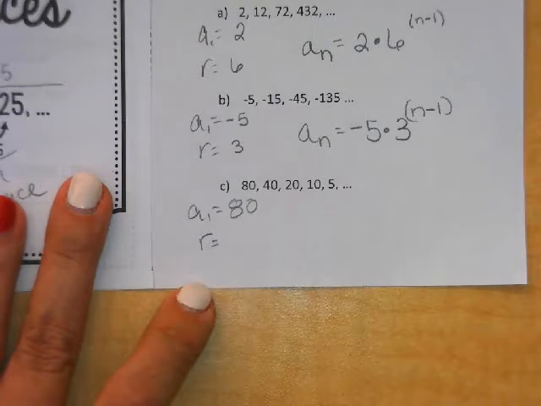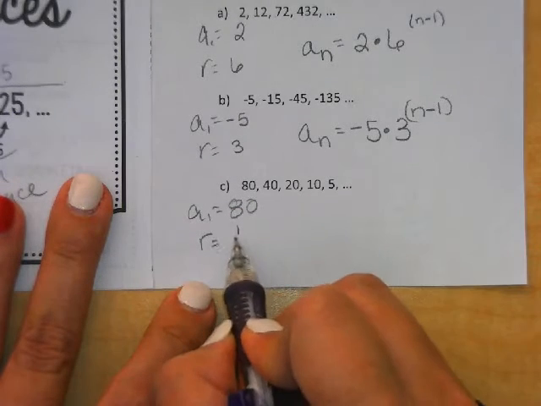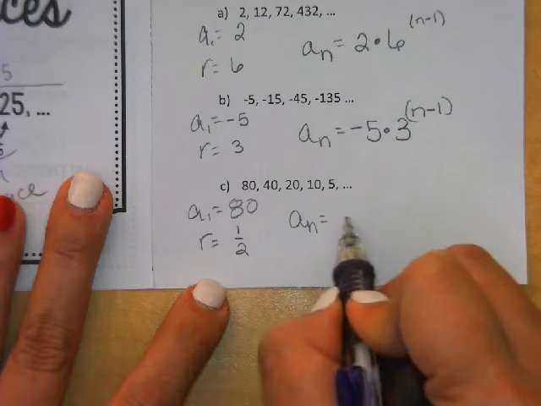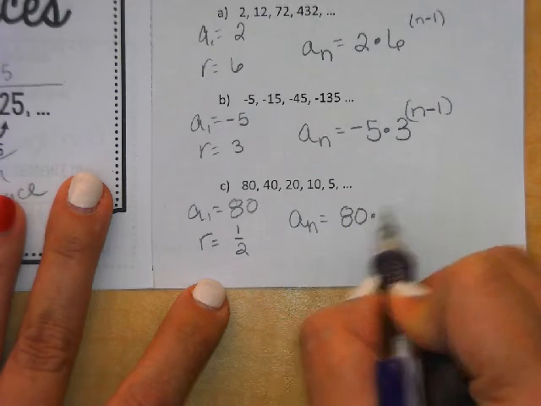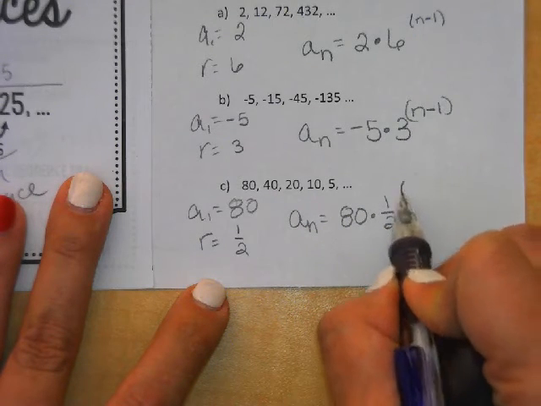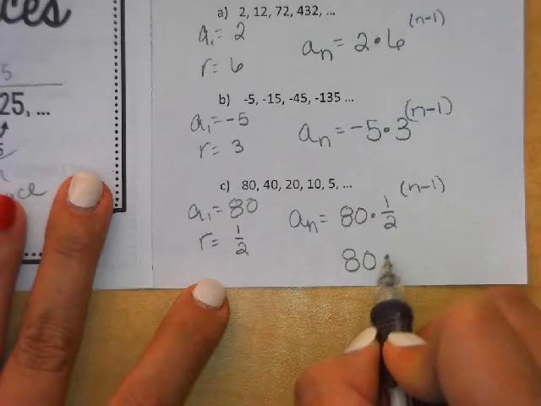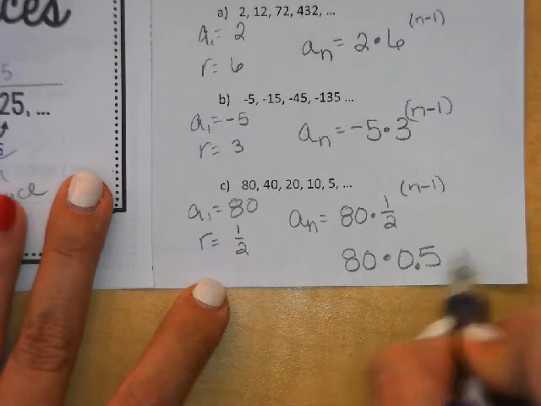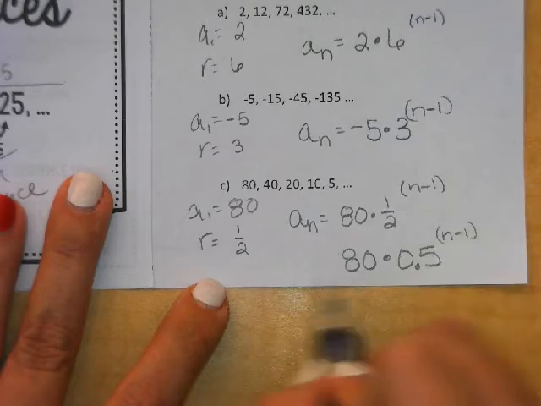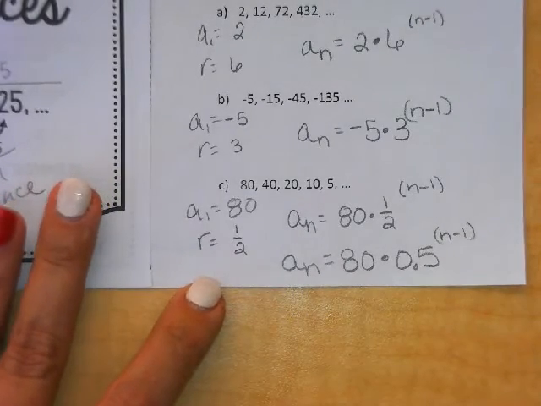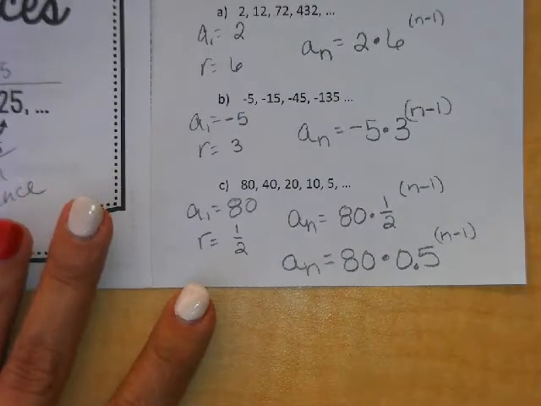Careful here. 1/2 because we're dividing by 2, right? Good job. So a sub n equals 80 times 1/2 to the n minus 1. Now you could also write 80 times 0.5. Be really careful. I would do 0.5 because as we've learned, sometimes our decimals look like times and we have to use a dot.